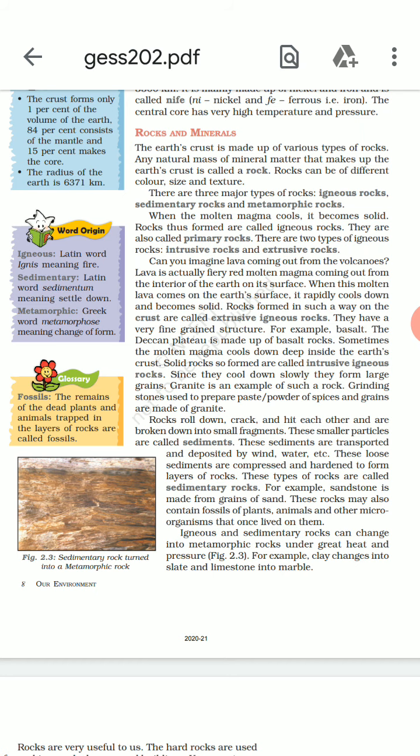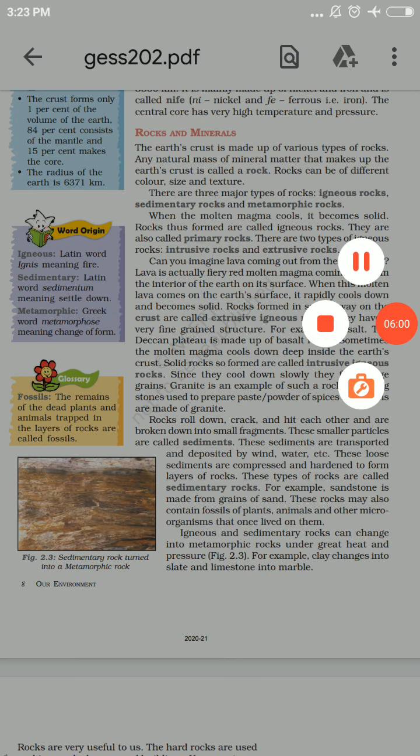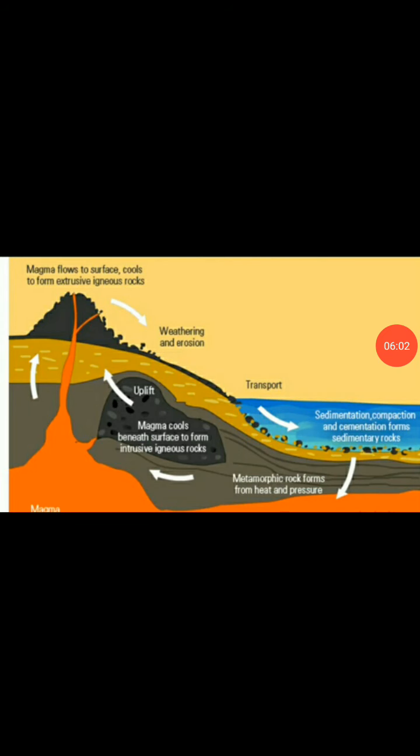I am showing you one picture here. See in that picture what happened. Magma cools beneath the surface to form intrusive igneous rock. That black side shows the intrusive igneous rock. Then, uplifted, we can see magma flow to the surface and cool to form extrusive igneous rock.